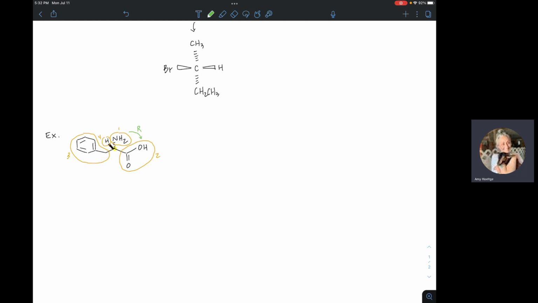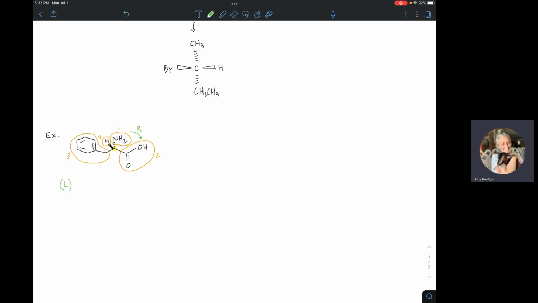So I've assigned an R configuration, but this molecule is S because hydrogen, as it's drawn, is coming out at us. So again, you assign configuration, you look to make sure the hydrogen's in the back. If it is, you keep the configuration you assigned. If it isn't, you put it in the back and you essentially flip the molecule. So this ends up being S, but it's an amino acid.